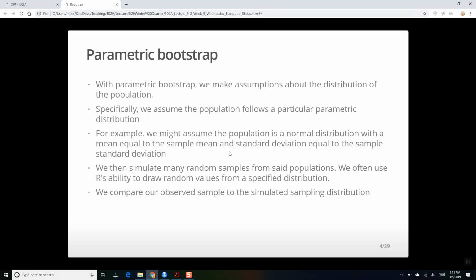You're going to say, well, I paid attention in my 100B class, and so I know exactly when we should apply these distributions, and this is a situation where I can apply this distribution, and I'm going to do it, okay? And that's what we do in parametric Bootstrap. We say, I'm going to assume that the population follows this theoretic distribution.